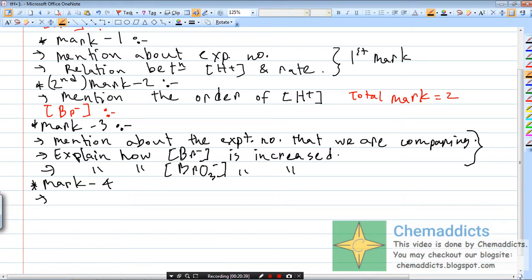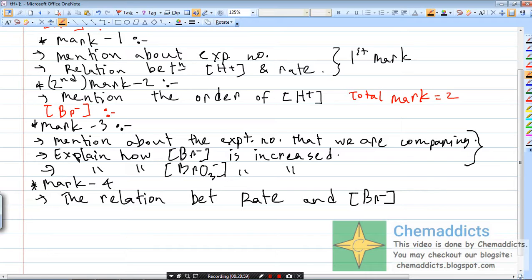So we should discuss the relationship between the rate and bromide, Br minus, and bromate 5. So how is the rate affected if we change the concentration of bromide and bromate.